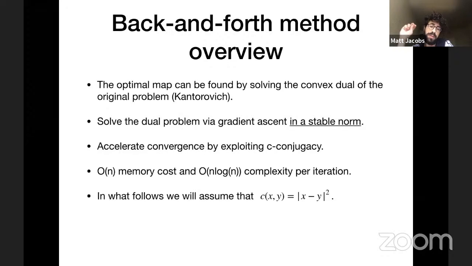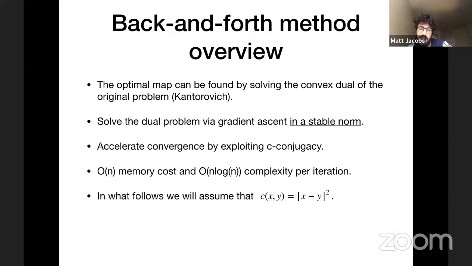We're then going to accelerate the convergence of the algorithm by exploiting something that's called C conjugacy, right? Which is this very nice special property that optimal transport problems have. And I'll also explain that in more detail in the next few slides.